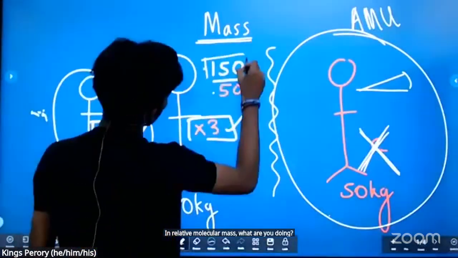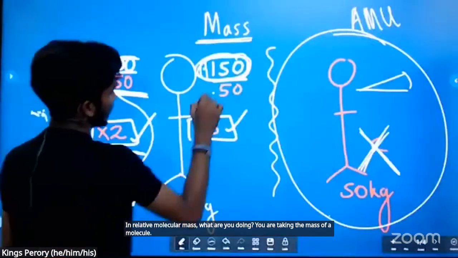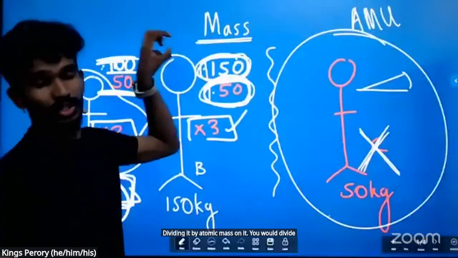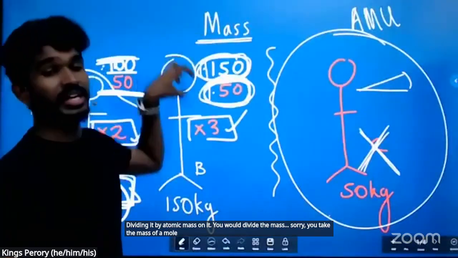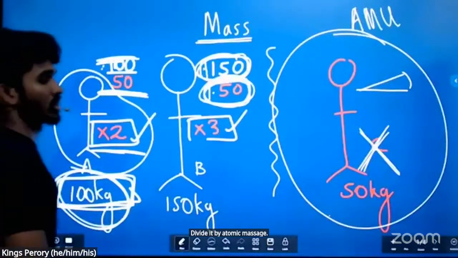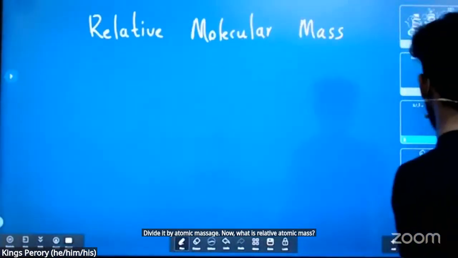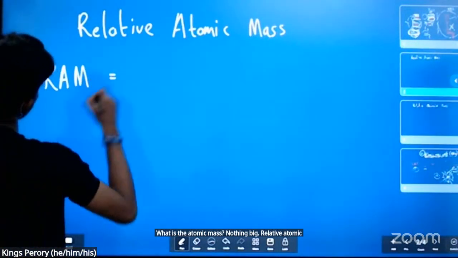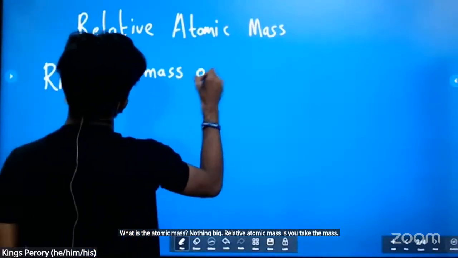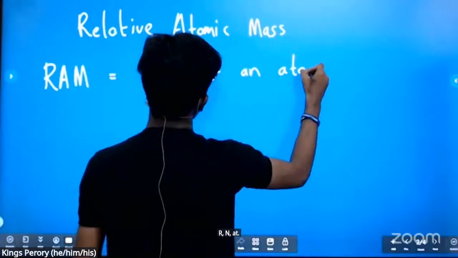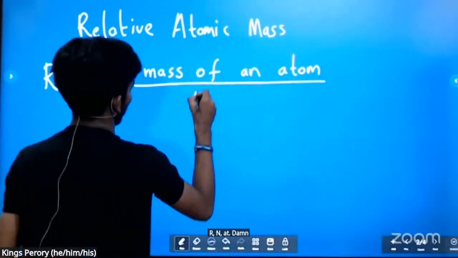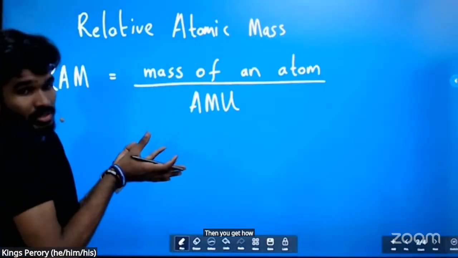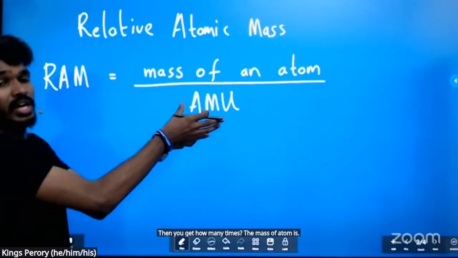You are taking the mass of a molecule and dividing it by the atomic mass unit. So what is relative atomic mass? Nothing big. Relative atomic mass is you take the mass of an atom, divide it by the atomic mass unit. Then you get how many times the mass of the atom is when compared to this unit.